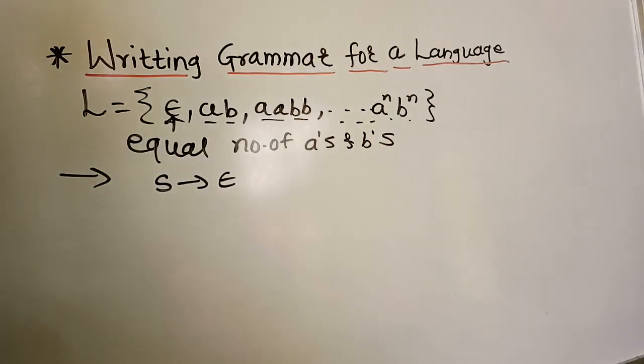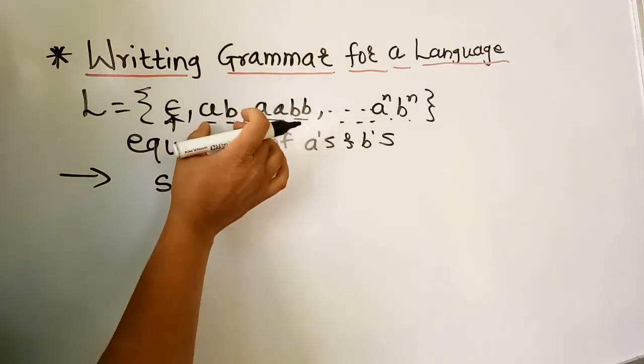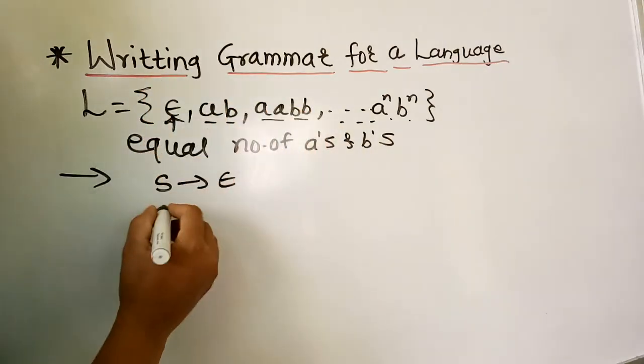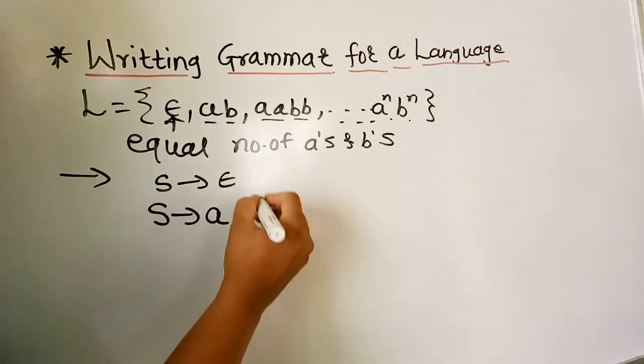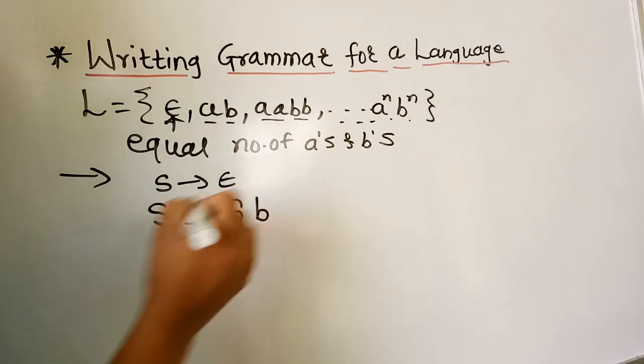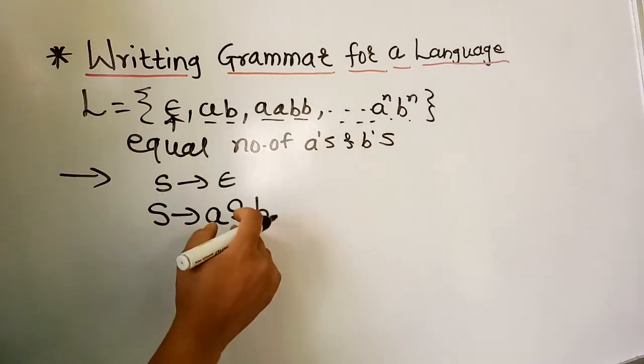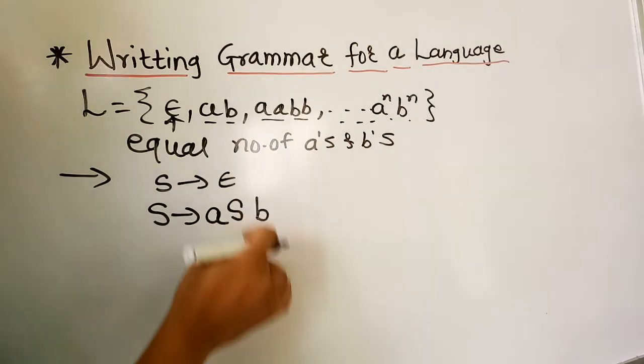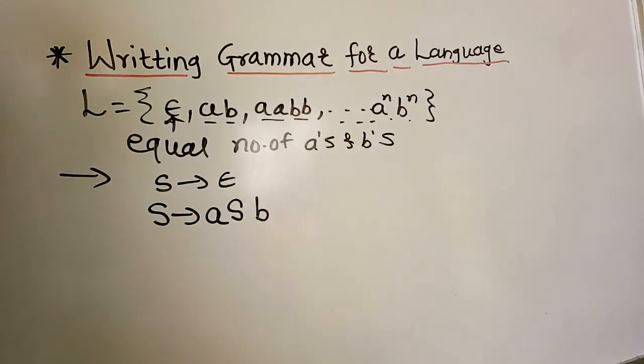Now, each and every term contains A and B, but recursively. So we take A, then B, in recursive terms. Means we replace these terms with A S B, and finally replace S with epsilon. So this is the production rule or the context-free grammar for the language.